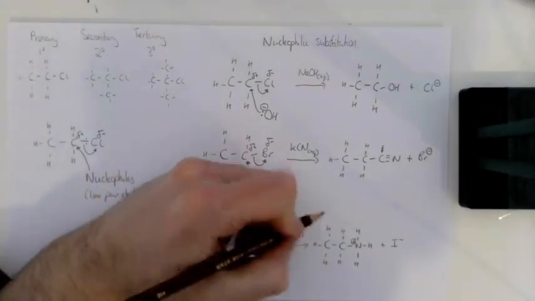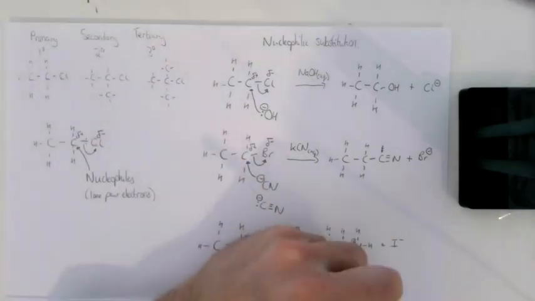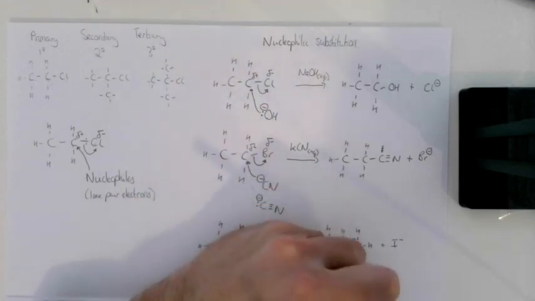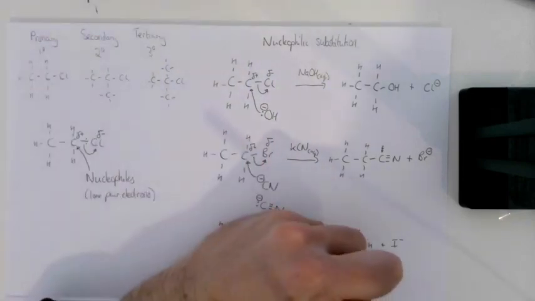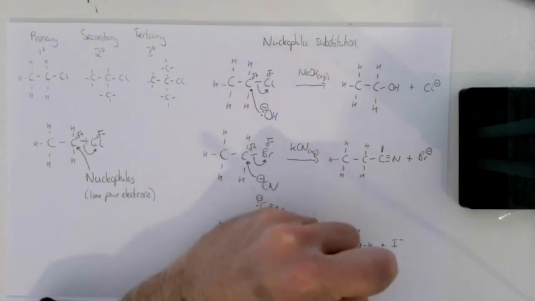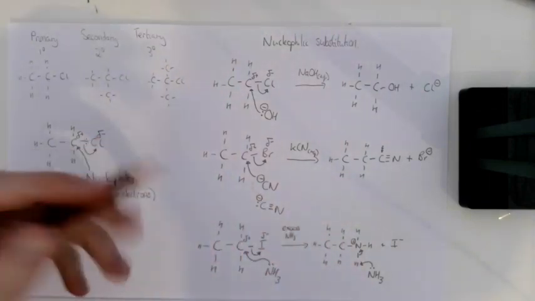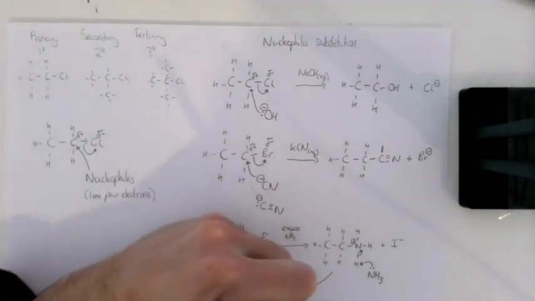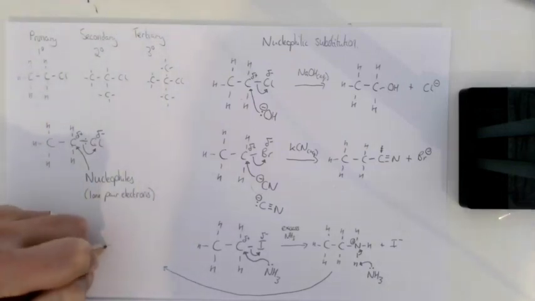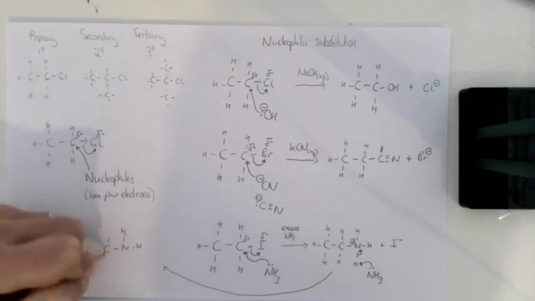Now you'd want the ammonia to be in excess so that we can do this. So you've got NH3 again. What happens is another one comes along, attacks the hydrogen, and the electrons in this bond go and stabilize the nitrogen, so that we end up with NH2 like that.